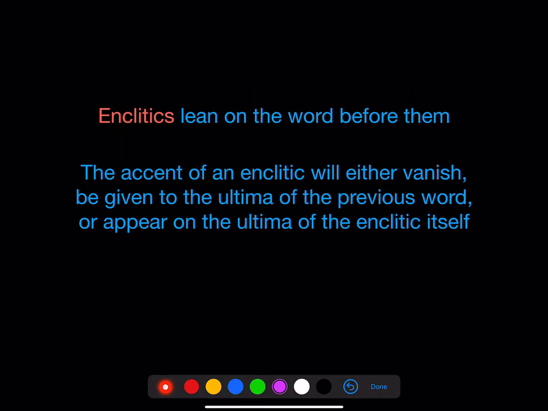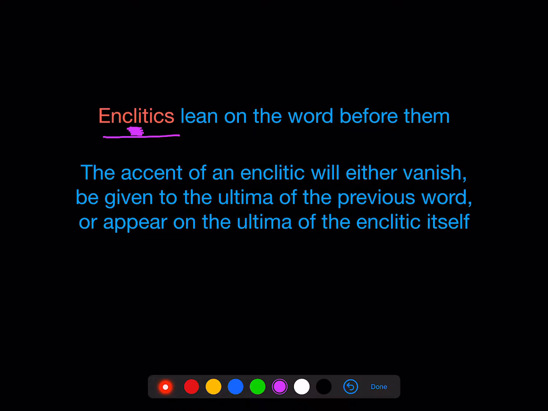Well, what does that mean? Enclitics are words that lean on the word before them. That cli root there is the same one you see in kline, bed, right? It's a place you lie down. So enclitics lean on the word before them. They're kind of like little parasites attaching themselves to the word before them.